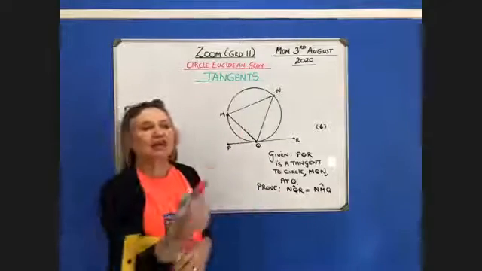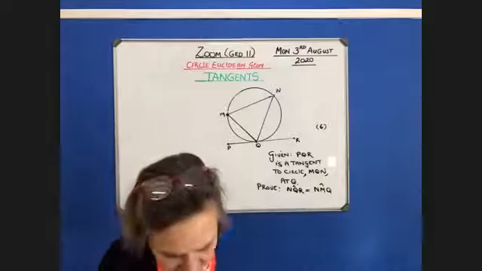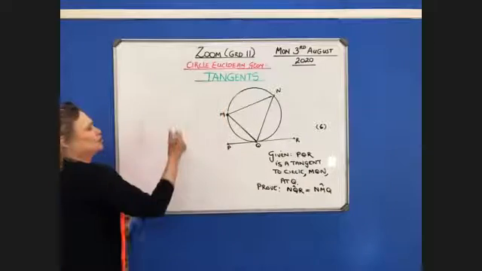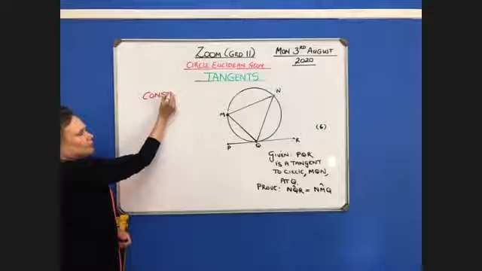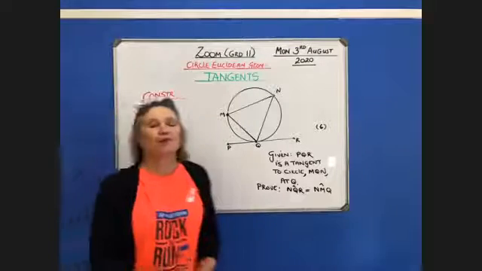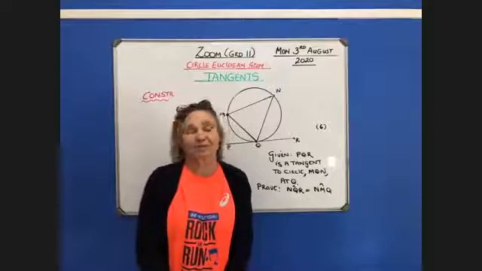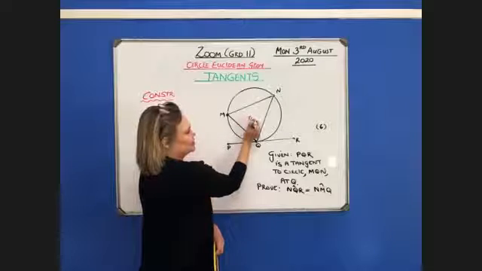Now, this is actually our last proof, so pay attention. I shall now go into red, all right? So the first thing you need to do is a construction. I have told you every time I've done a proof, if you don't put the construction in the diagram and you don't write it up, you get 0. For the construction, you need to put in your center.